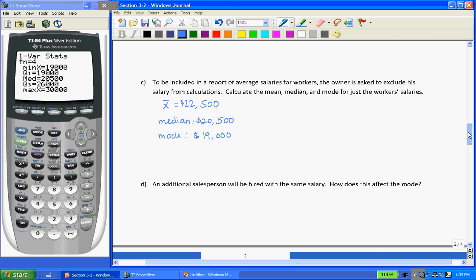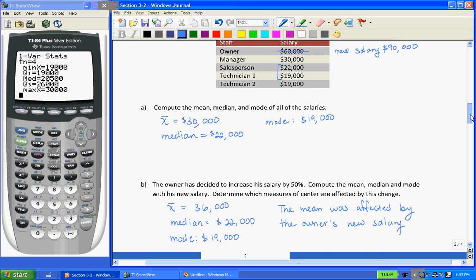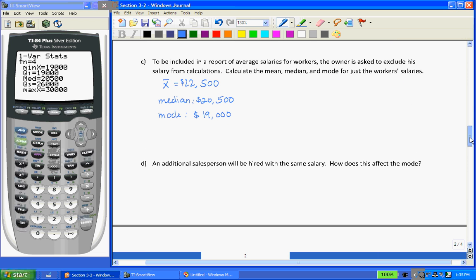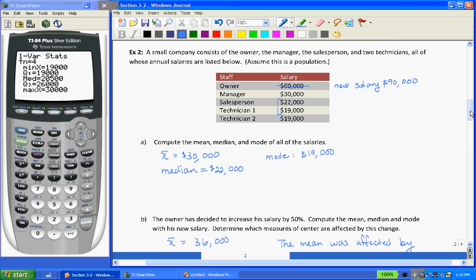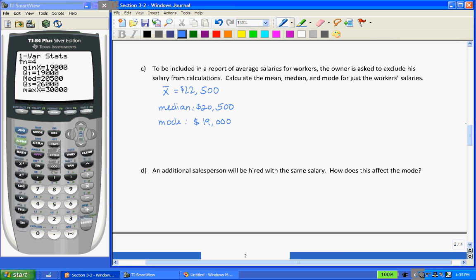Okay, finally part D. An additional salesperson will be hired with the same salary. How does this affect the mode? Well, if we hire another salesperson, now we have the 60,000, but we are also adding another 22,000. Now 19,000 is not the only value that's repeated. And depending on some interpretations, this is what happens with the mode.